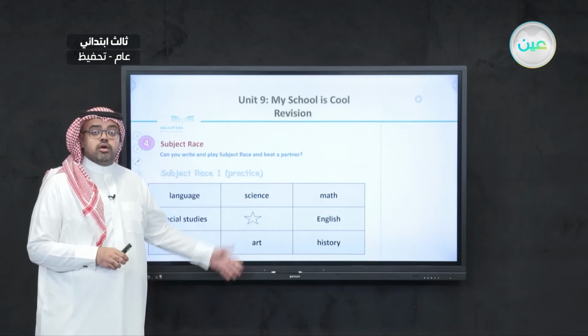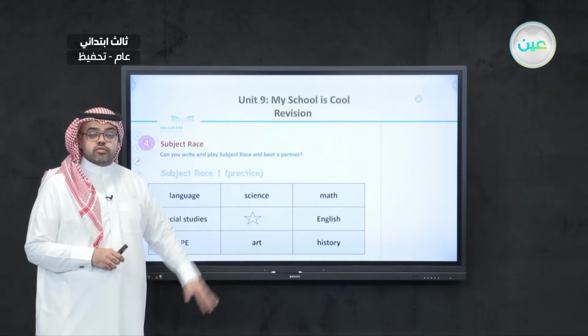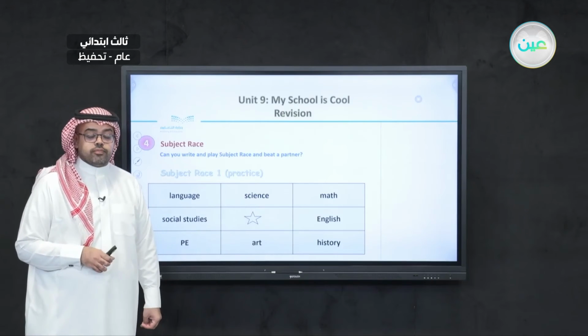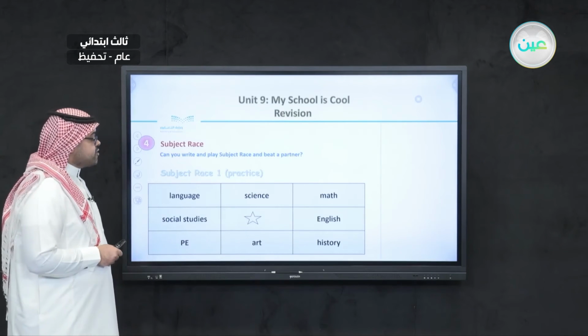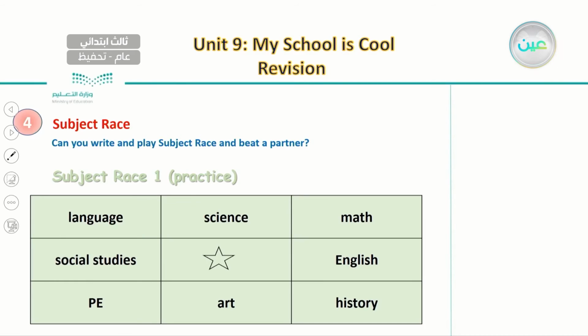And you can do the same with the rest of the subjects that you listen to. For example, if I said, I like science, then here what you need to do is to circle the word or the subject science.